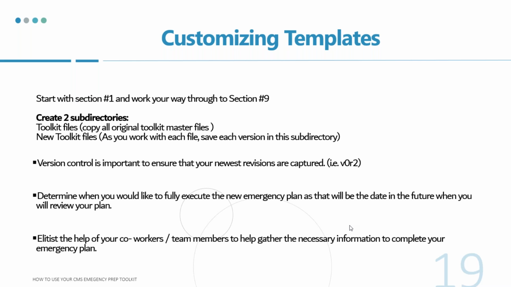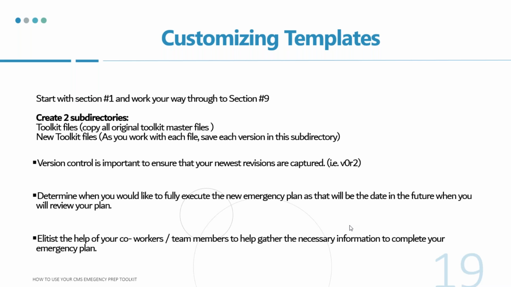You can call it anything, but I always have a master toolkit folder where I store my files. I think it's very important to have those clean masters in that subdirectory. And then I have a new toolkit file subdirectory.